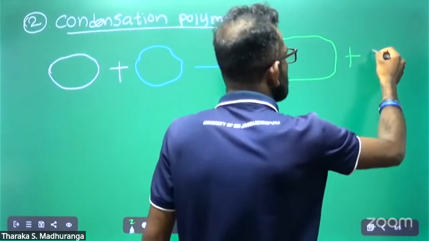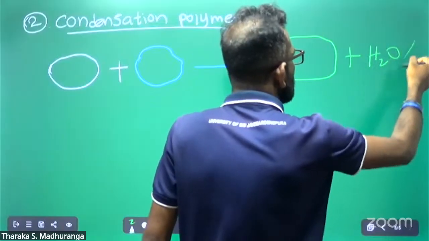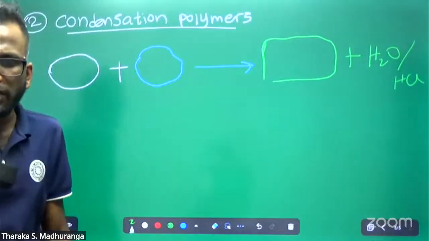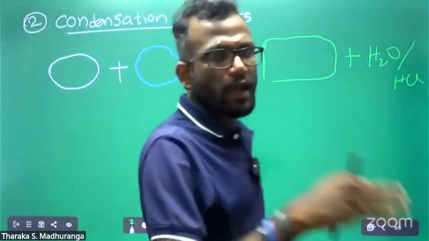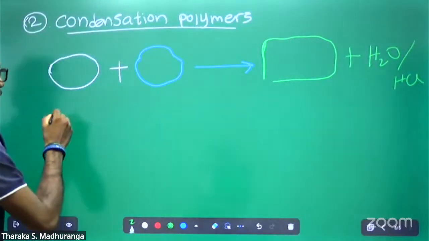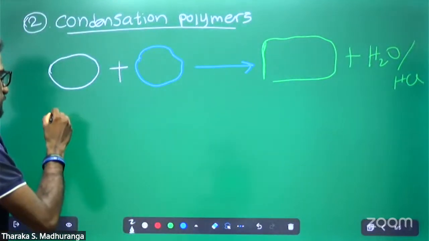In this polymerization, H2O, HCl molecule is removed. Okay, that's called a condensation polymer. In condensation polymers, you need to remember the monomer types are different.